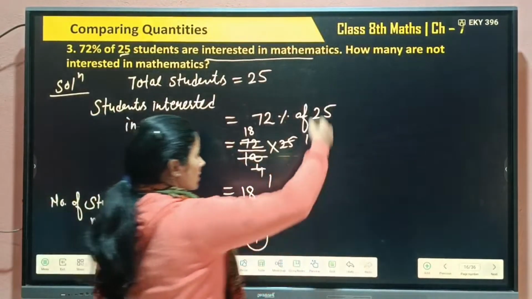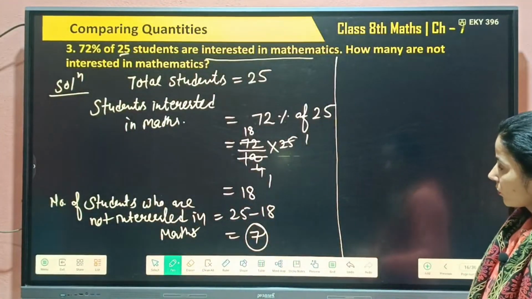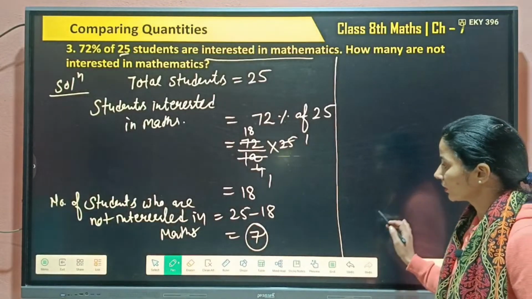Now see, this is the first type. We can attempt this question in this way also. Let us see what the second way is.